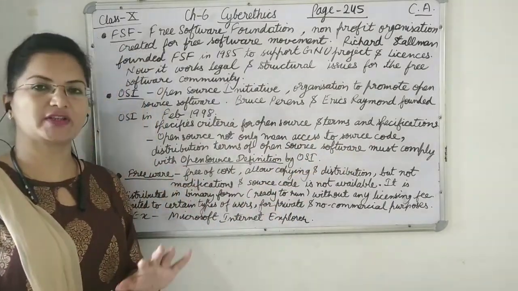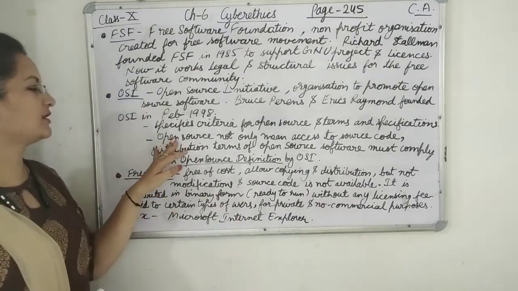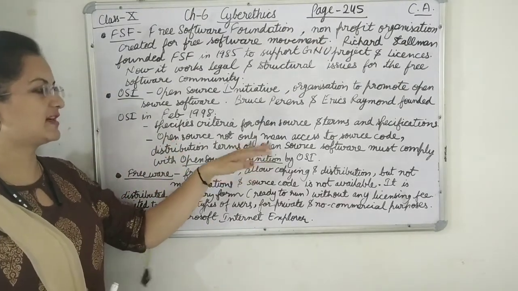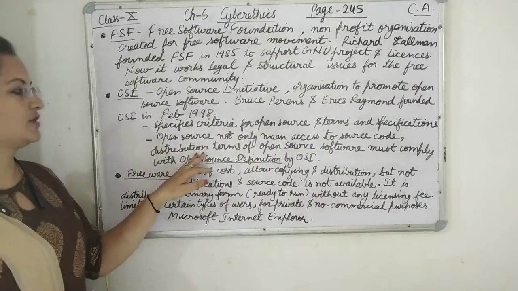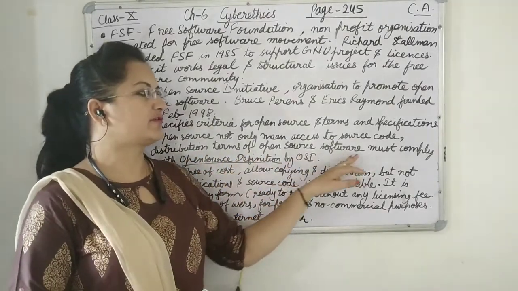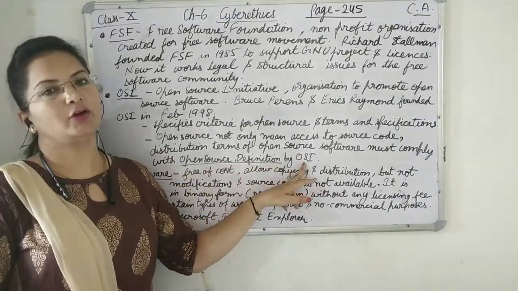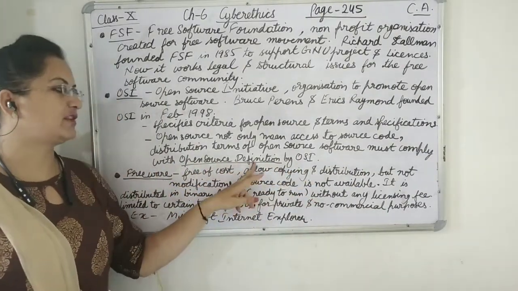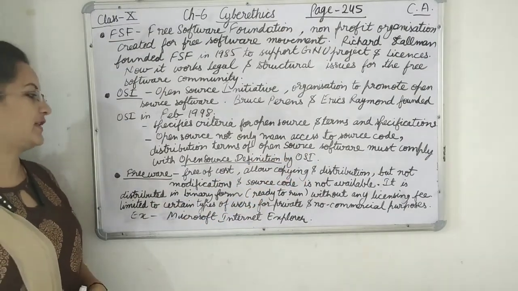You know very well, open source means simply the code is available, but OSI is not limited to simply sharing the code. In the distribution terms of open source software, there must be the open source definition by OSI. The open source definition must be included in the license of the open source software.